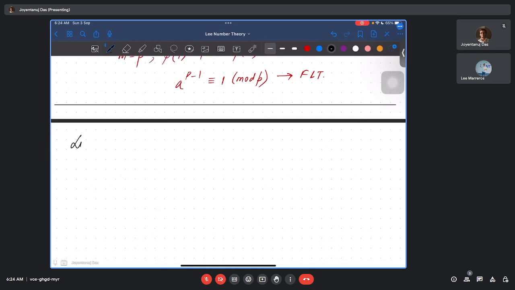Let 1 is less than or equal to b1, b2, and so on up to b of phi m be the phi m numbers between 1 and m that are relatively prime to m.